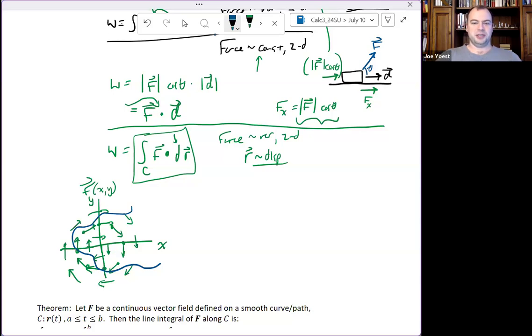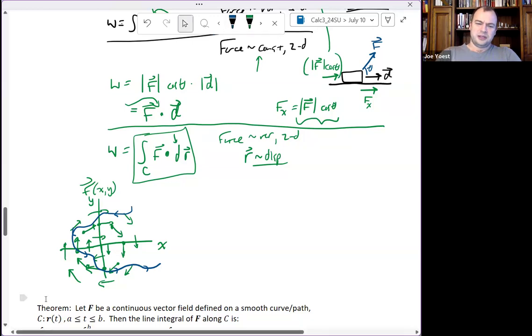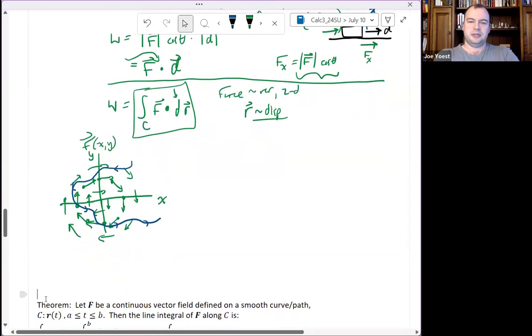Maybe this force is like a whirlwind or something like that that's pushing in a certain direction, and I'm moving my box in some direction, and I have some work done by the field on the box as I'm moving it along. It's a little confusing and counterintuitive sometimes.